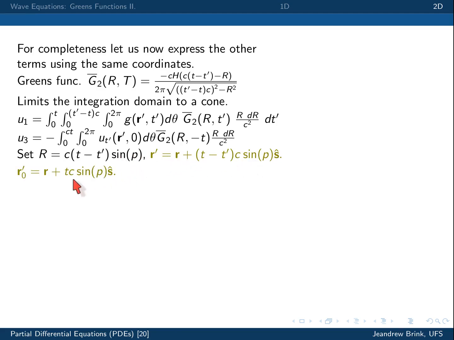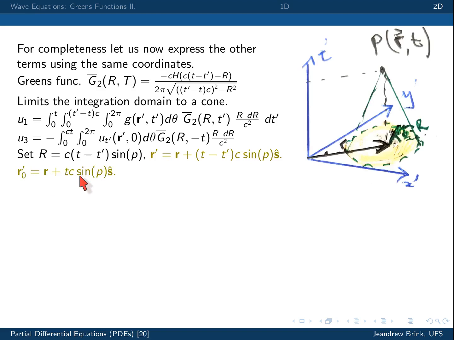And then r0, which is just going to be this r vector when t' is equal to 0, is just going to be that. Okay, so once again, that sketches it. The step function h is only non-zero in this cone, the cone of dependence of p of r and t. And we've now just parameterized r within this cone in this manner.